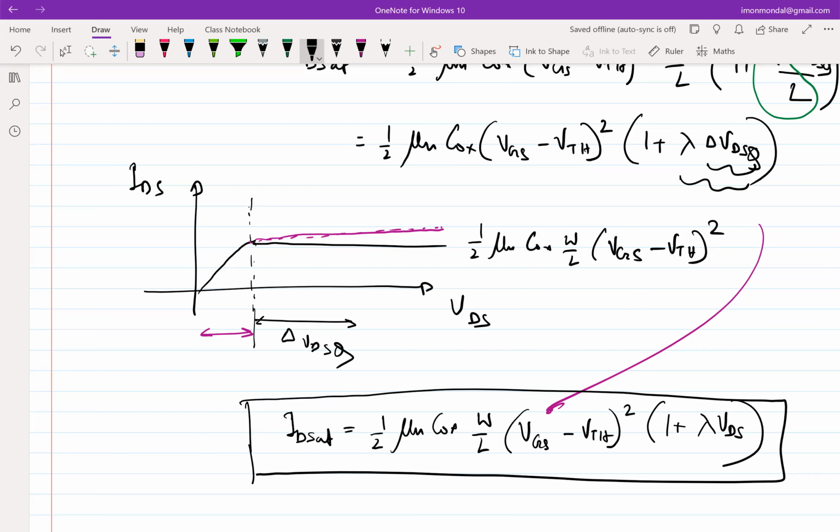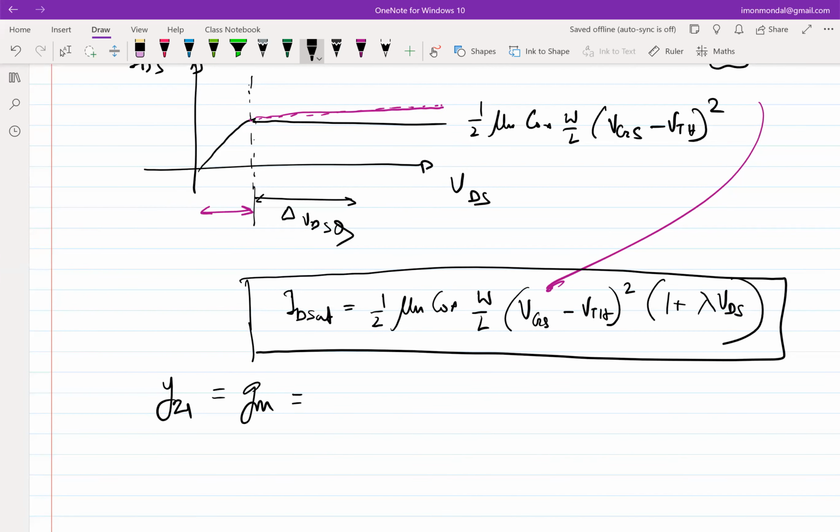For example, let's do a quick example here. So what is the Y21? By the way, Y21 in a transistor is often referred to as GM, or the transconductance. We'll be using GM from now on. So what is Y21?